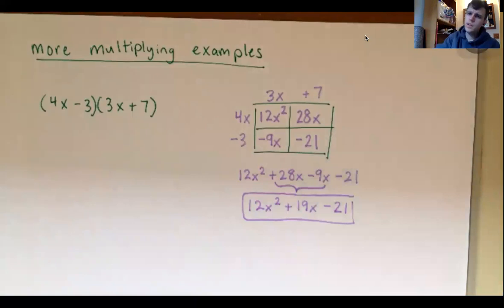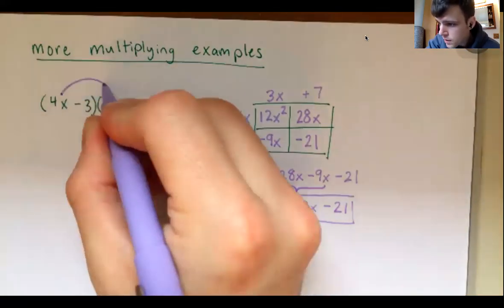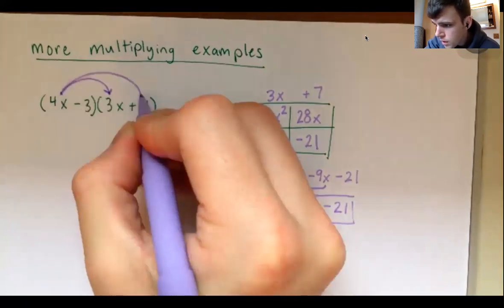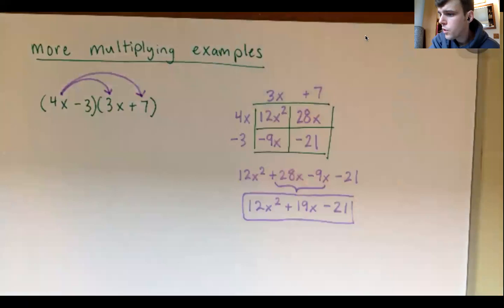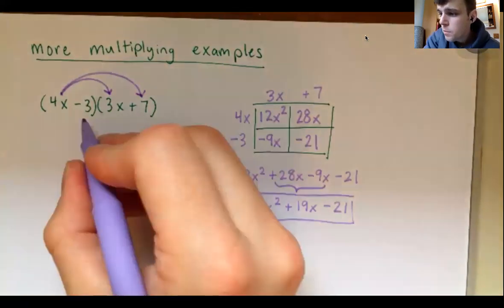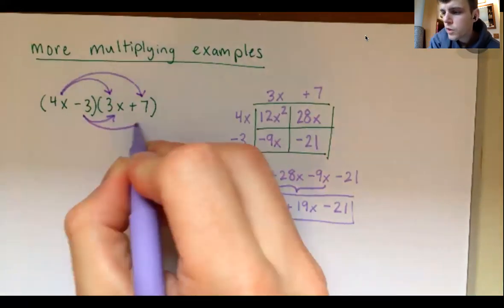So that's how we use the box method, or the generic rectangle, also called the area model. The other way to do this is using the distributive property, or what's called FOIL. So we're going to multiply each part in this first binomial times each part in the other one. The 4x is going to be multiplied by both of these terms, and the minus 3 is going to be multiplied by both of those terms as well.